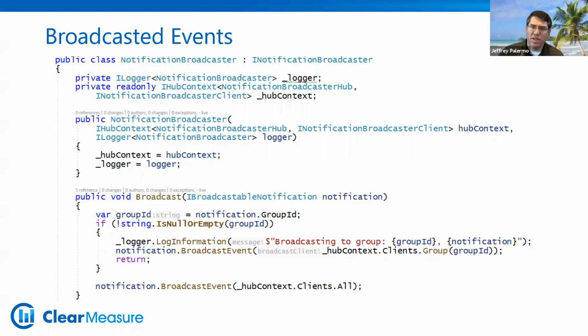We only need to notify the clients who were watching the auction. And in fact, you could say we only need to notify them if they're watching that particular car. But if the screen has lots of cars on it, whatever level the grouping is, you don't need to notify everybody. You need to notify a subset. That's where the SignalR groups come into play. And in this case, the groups are by auction.